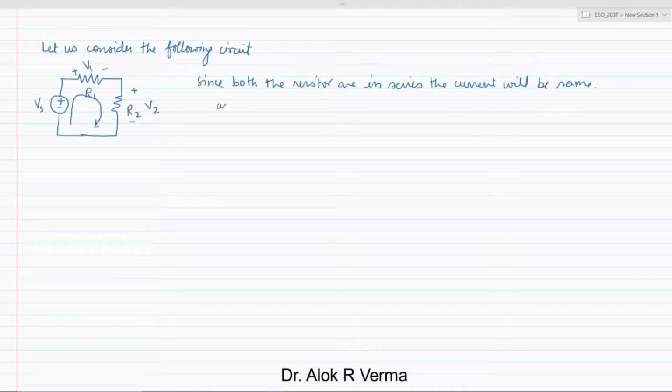So assume the current is I. So the voltage drop across R1 will be I into R1.